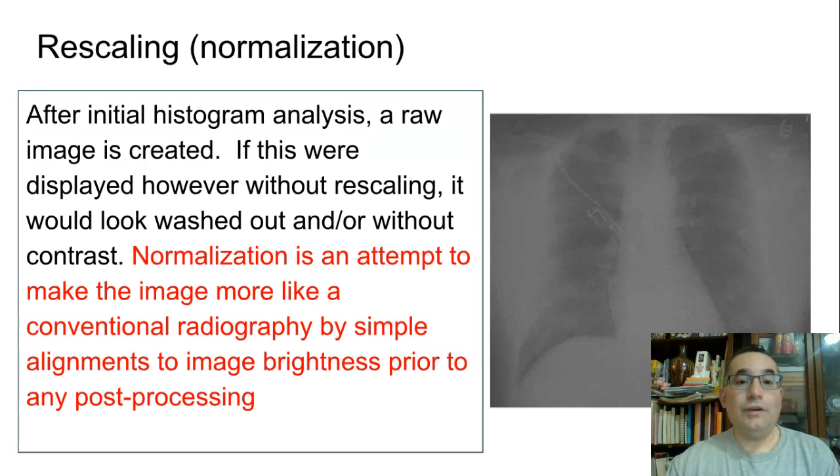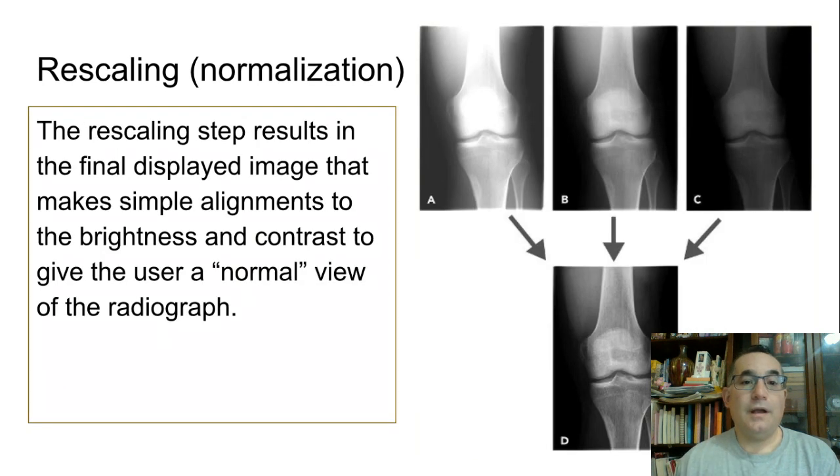So how does this normalization process work? Essentially, there are several steps where you don't see A, B, and C necessarily. You're left with a final, quote, normal, unquote, view of what most people would find to be the appropriate contrast.